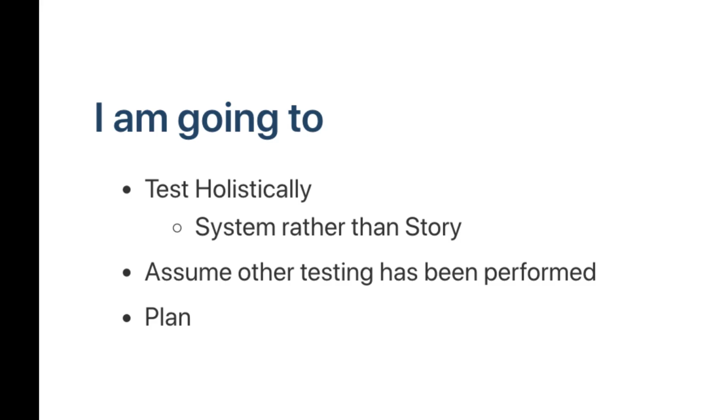So I'm going to test the system rather than the story, which is basically analogous to an agile process where we've tested all the stories, we've tested all the tasks independently, and at some point, all of those stories exist in the application at the same time, and we want to look for, do these impact each other?